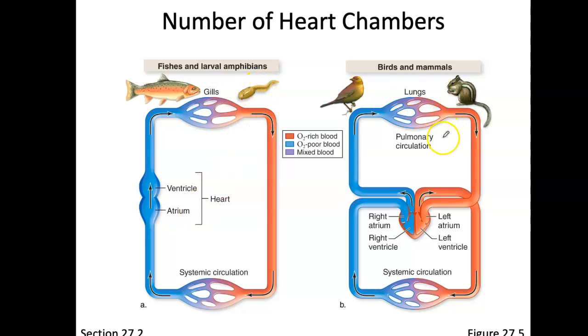In birds and mammals, we have that figure 8. It's kind of like 2 pumps, right? You could kind of make a line like this. And you could say this pump on the right, this is the right, by the way, because you have to imagine that individual facing you. So look at someone that's facing you. It's their right, not your right. So this right side is a pump that does one thing.